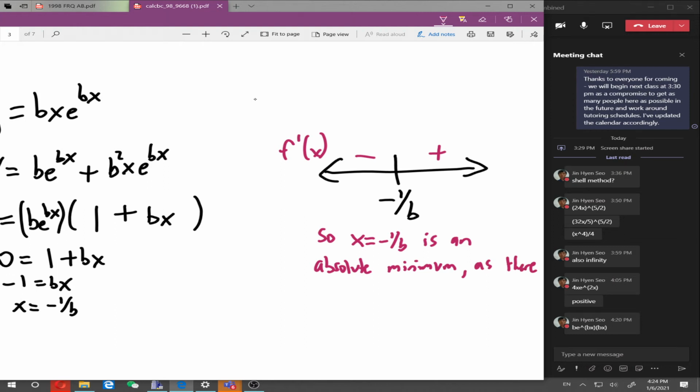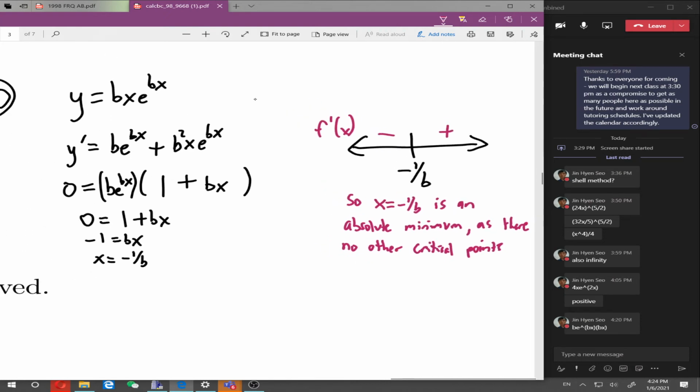So this first part proved it was a relative minimum, but there are no other critical points. So therefore it must also be an absolute minimum.